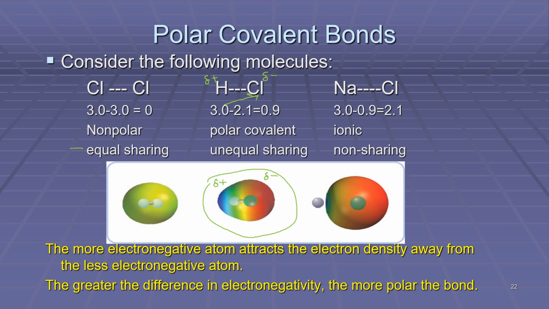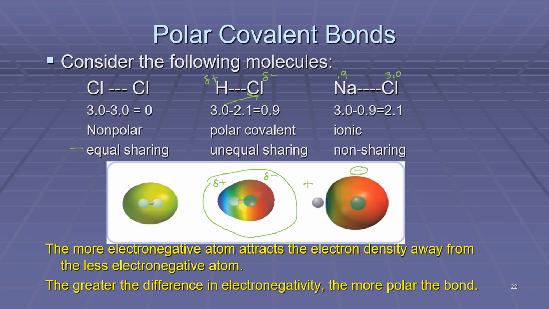And then, like I just showed you, chlorine has a 3.0, sodium has a 0.9, and so the difference between them is 2.0, which is such a great difference that, in fact, it's ionic and they're not sharing at all. So equal sharing, unequal sharing, non-sharing. And you can see here the chlorine has all the electron density near it, and the sodium is positive, so not even.